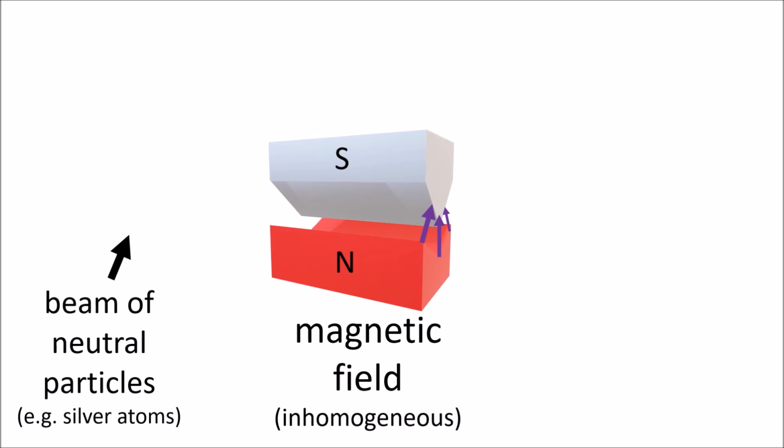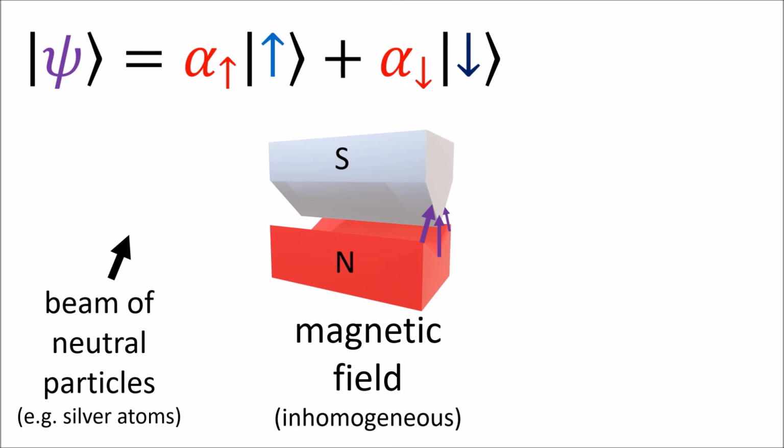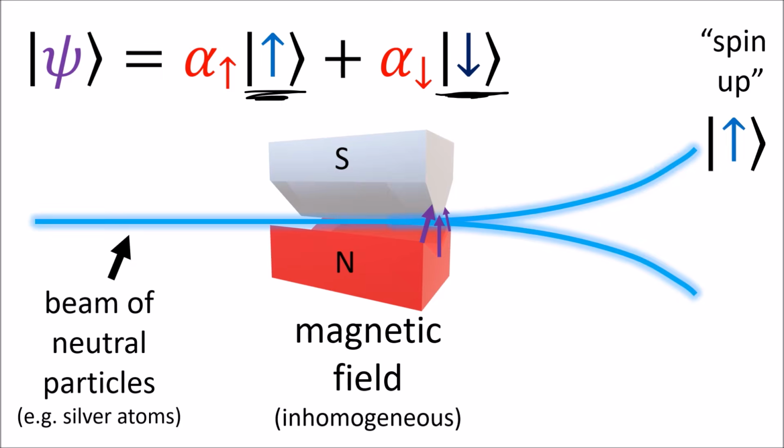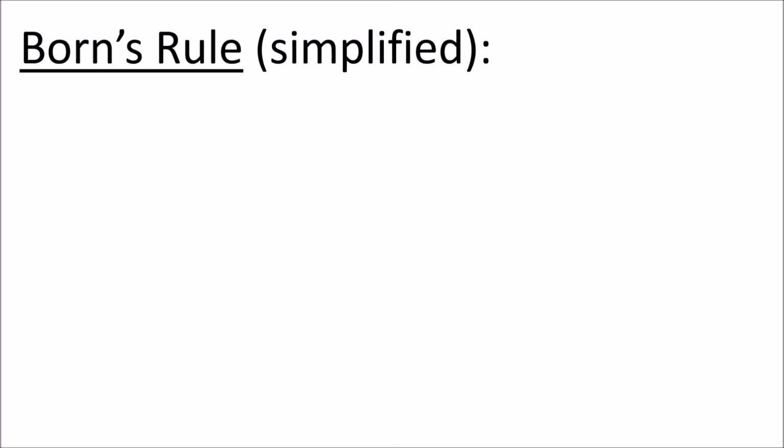In the SG experiment, there are only two states the particle can collapse to: either spin up, denoted with an up arrow ket, or spin down, denoted with a down arrow ket. The rules for determining the probabilities for collapsing into a given state are given by Born's rule.